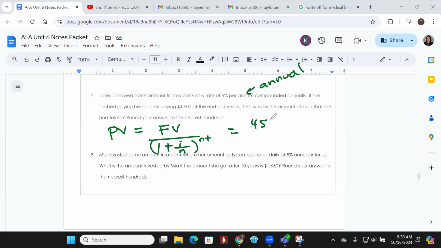Future value was 4,500 divided by 1 plus 0.05 raised to the 4th power. So if we calculate that, that's going to give me $3,702.16. That's how much she took out at the very beginning.